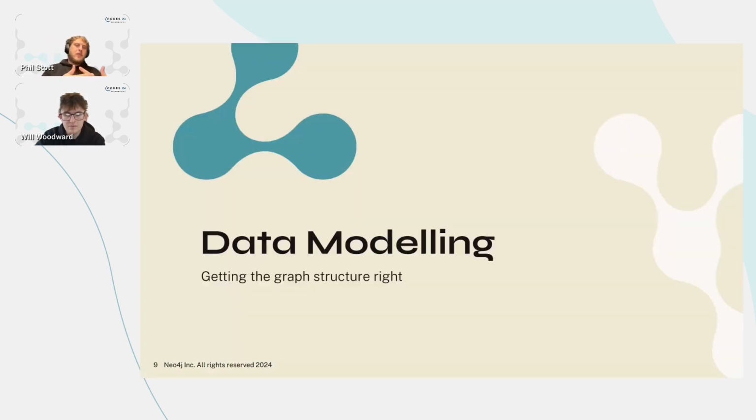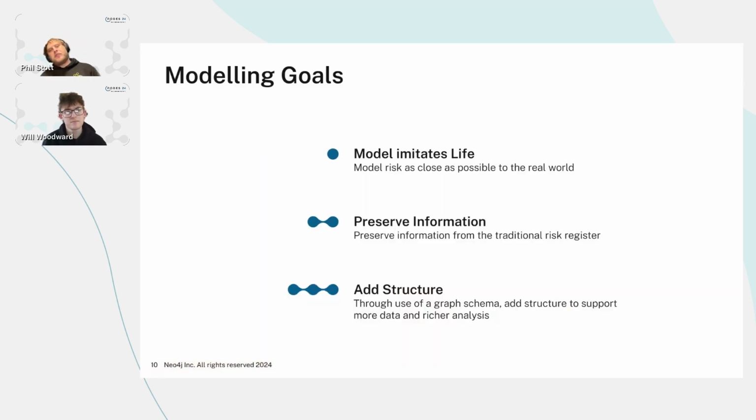And so all graph problems in Neo4j will start with a level of data modeling, getting the graph structure right. And by right, I don't mean perfect. Things don't have to be perfect for a proof of concept. It's about making it work, and then you would iterate. So in terms of goals, the model imitates life.